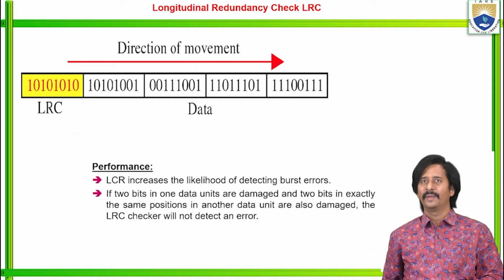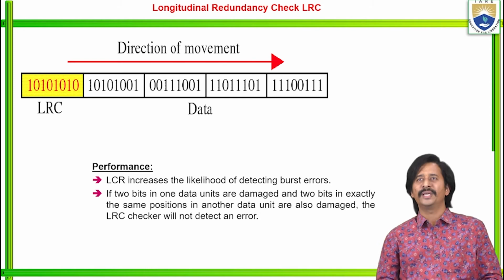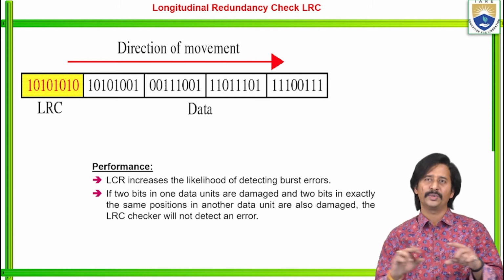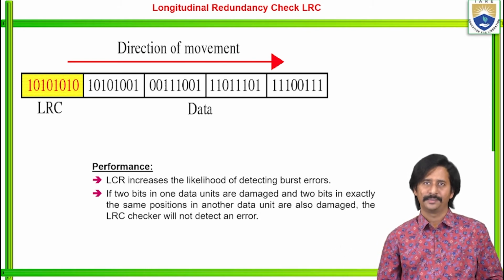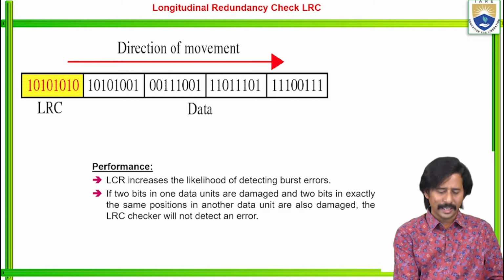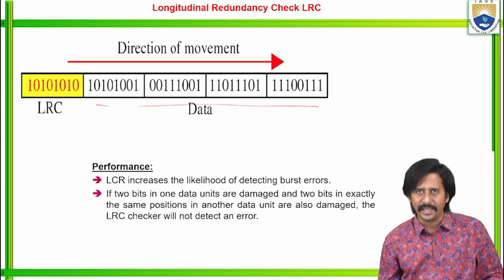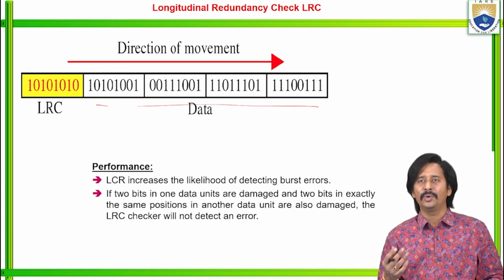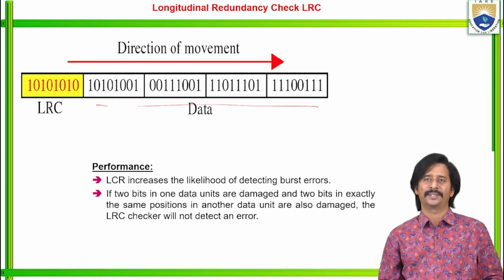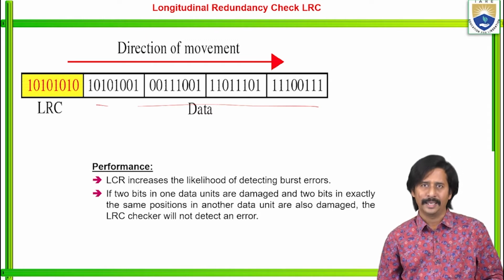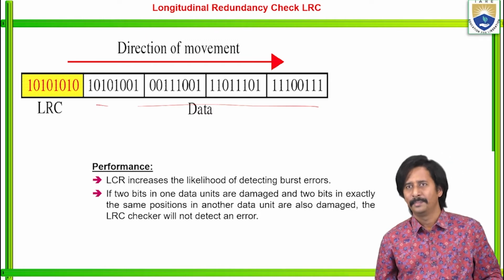Similarly, we have LRC, longitudinal redundancy check. This is the original content. Here the longitudinal redundancy check increases the likelihood of detecting burst errors. We know what is meant by burst errors, right?